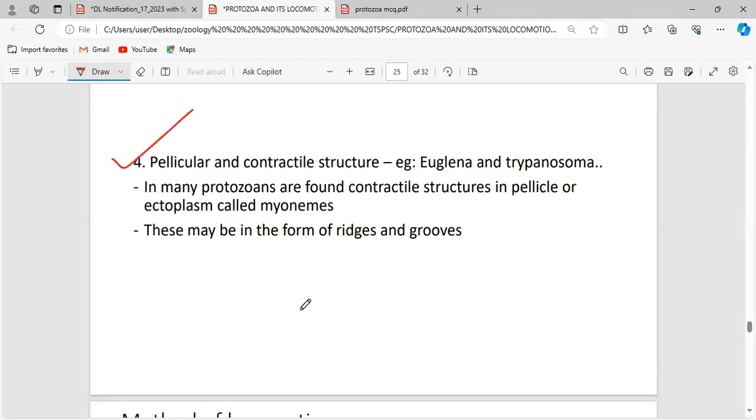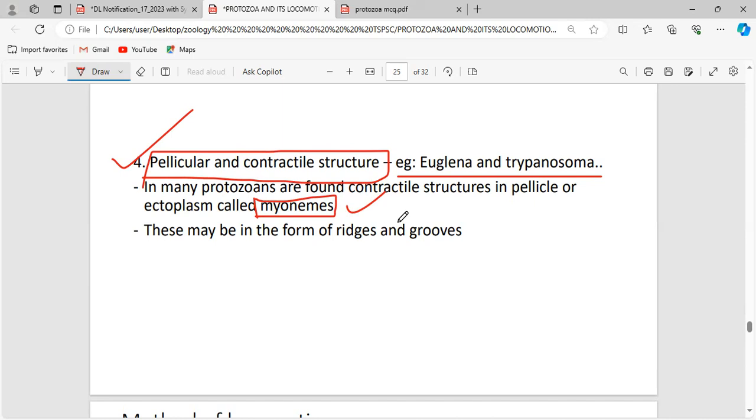Next, the pellicular and contractile structure. Examples are Euglena and Trypanosoma. When you remember the pellicular and contractile structure, you have to remember the word myonemes. Again, the cytoskeleton microtubules will come into the picture.